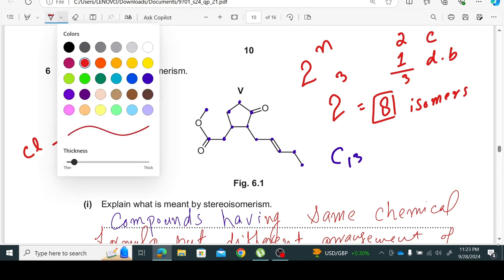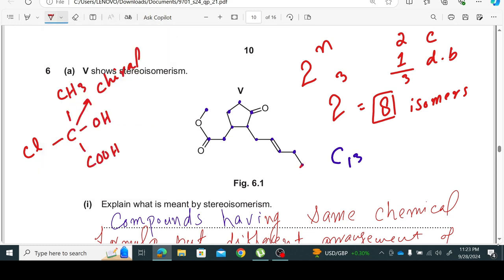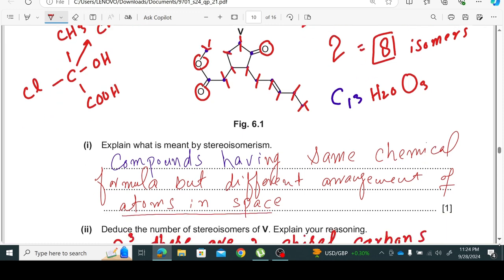How many hydrogens are there? 3 hydrogens are there, then 4, 5, 6, 7, 8, 9, 10, 11, 12, 13, 14, 15, 16, 17, 18, 19, 20. So C is 13, H 20, oxygen 1, 2, and 3, O3. So C13, H20, O3.